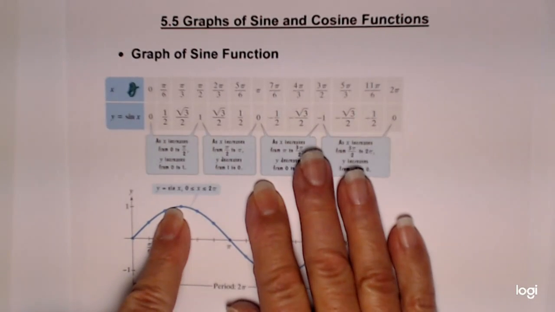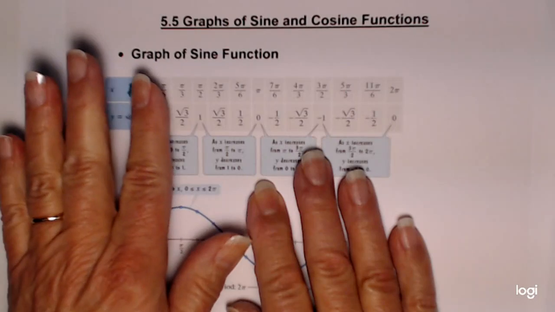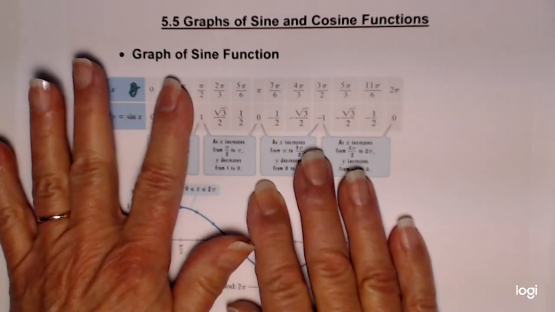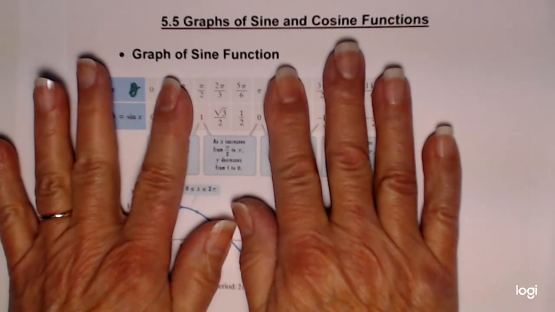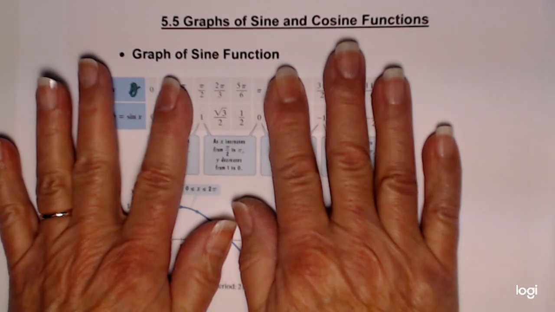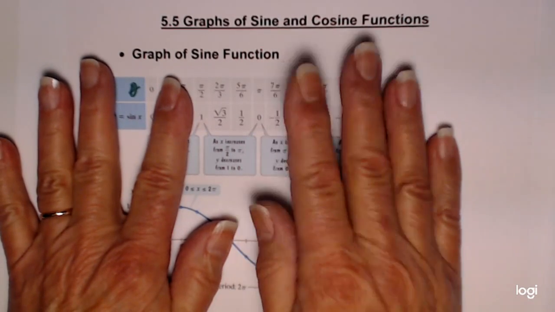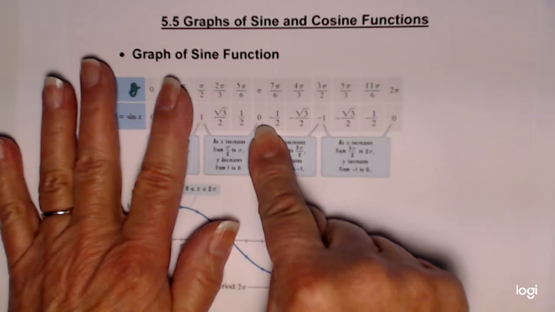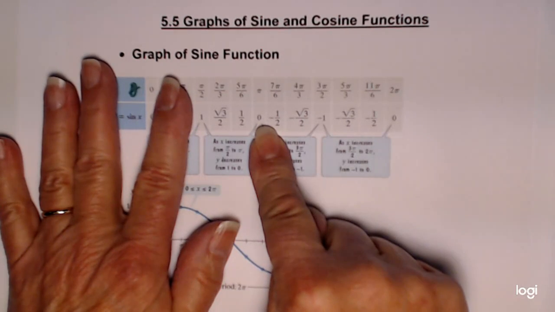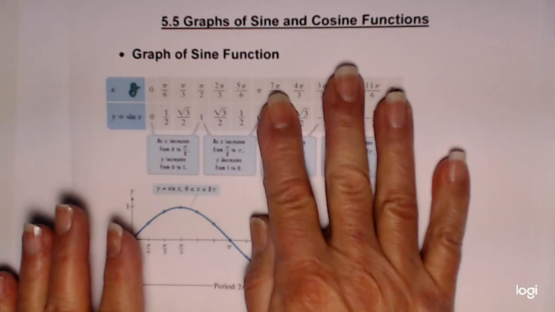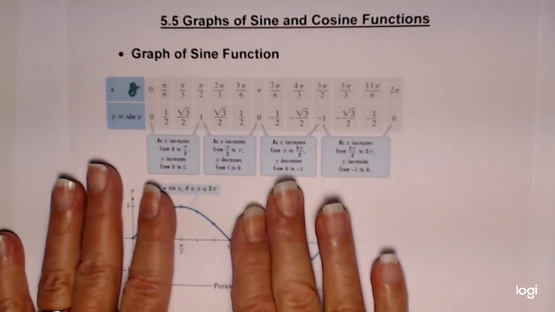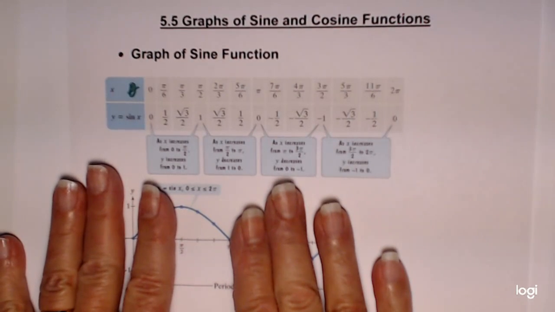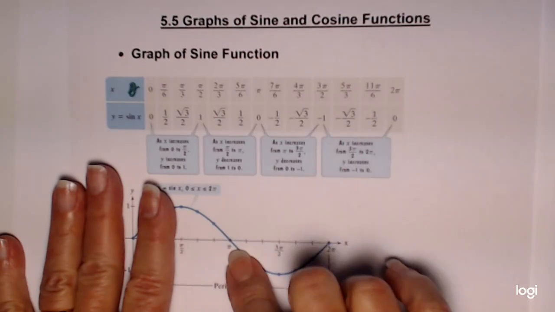Continuing on to the second quadrant. So here we're going from 90 degrees to pi in Q2, and we can see that our ratios now are decreasing. We're going from 1 to 0. Same ratios, radical 3 over 2, 1/2, and then of course radical 2 over 2 would be in here. And looking at this in the graph from pi over 2 to pi, we can see this decrease from 1 to 0.